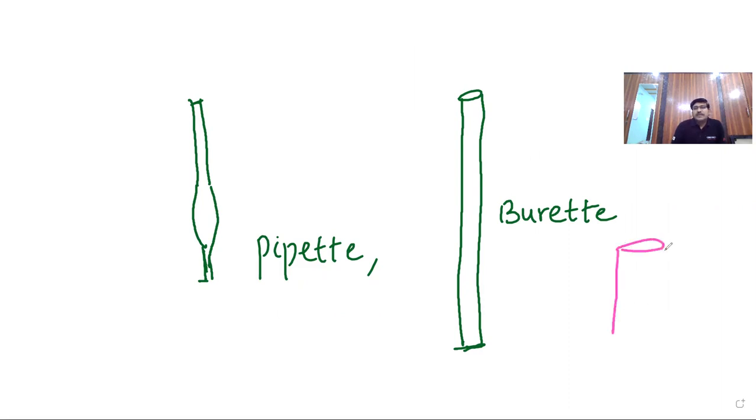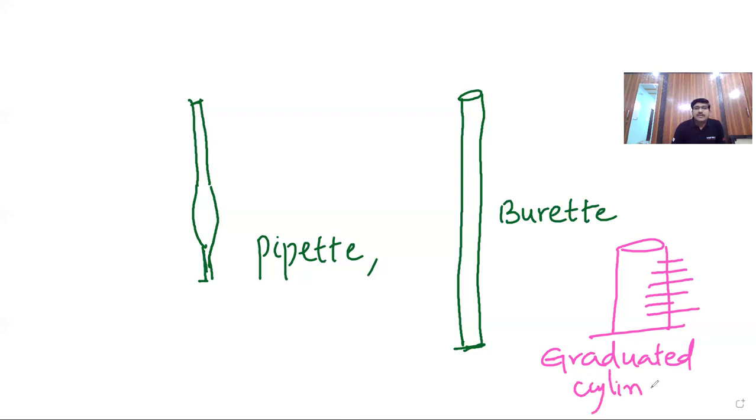Graduated means marked. All the markings will be there. So you can make use of a pipette or burette or graduated cylinders to measure the volume. Clear?